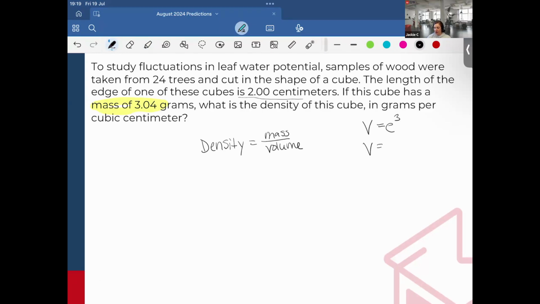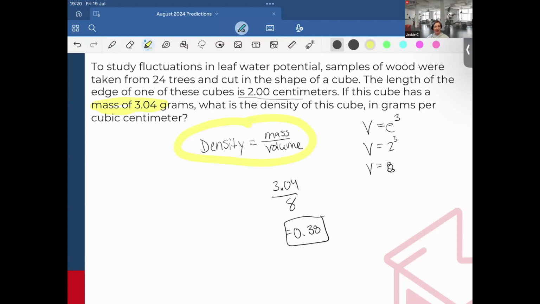So it'd be 3.04 divided by 8, which should be a decimal. And that gives me exactly 0.38. And that's the answer. I know it's a pretty simple question overall, but you should know the formula for density. It does come up, it's not given to you, and also know the volume of a cube, edge cubed.